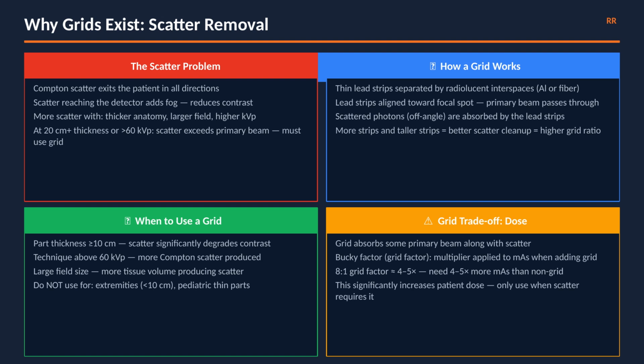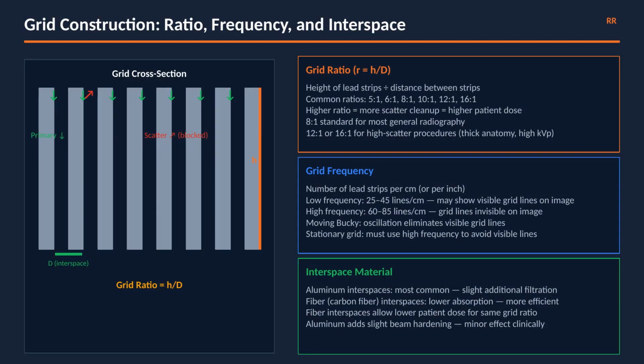Primary beam photons traveling in a straight line pass through the radiolucent interspaces and reach the receptor. Scatter photons traveling at angles are absorbed by the lead strips before they reach the receptor. More lead strips and taller lead strips equal better scatter cleanup, equal higher grid ratio. Walk through the grid cross-section diagram on this slide.